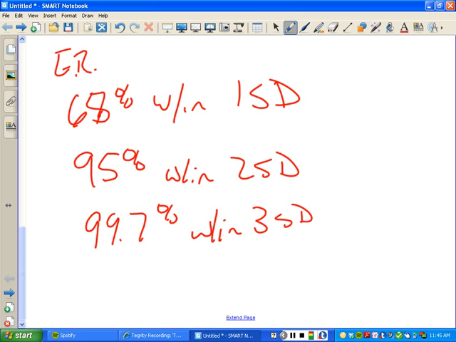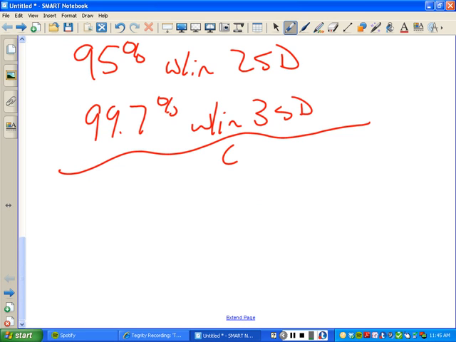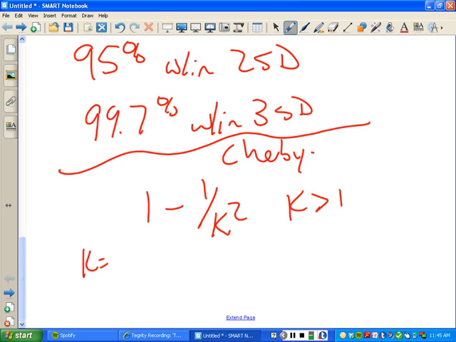What's the formula for Chebyshev's theorem? 1 minus 1 over k squared. Okay. Now remember that k has got to be greater than 1. So if I say what percent's within 1, the answer is undefined. It doesn't tell you that.